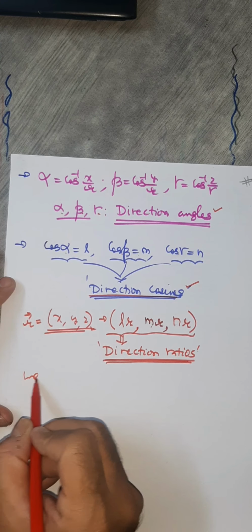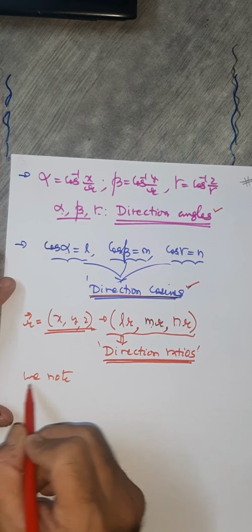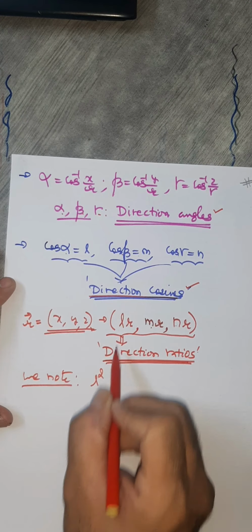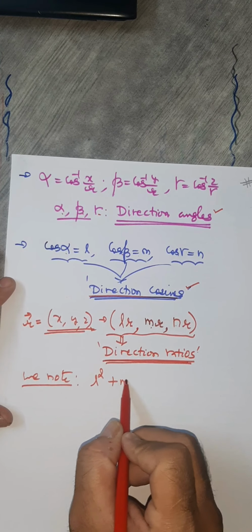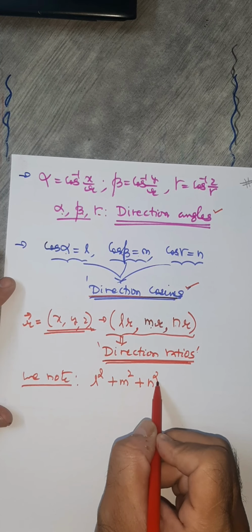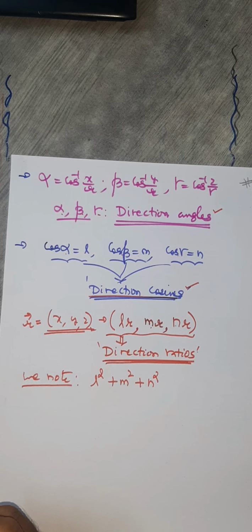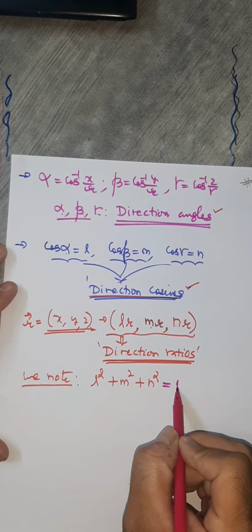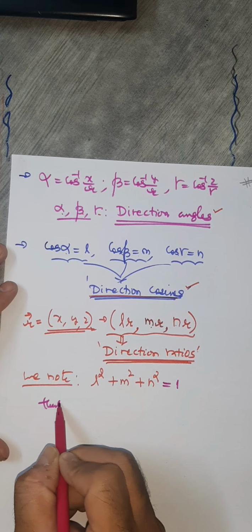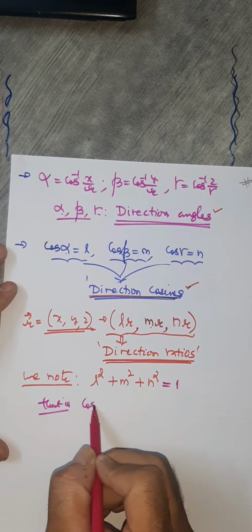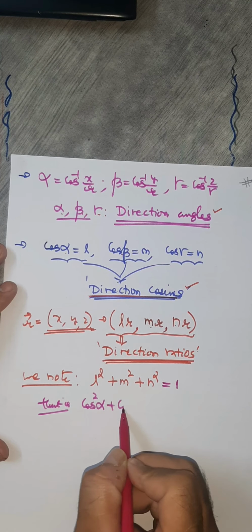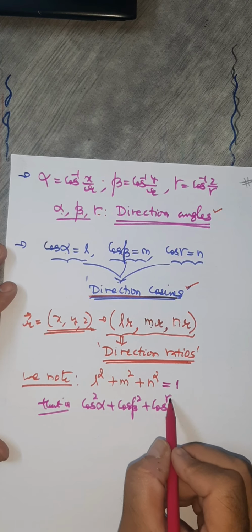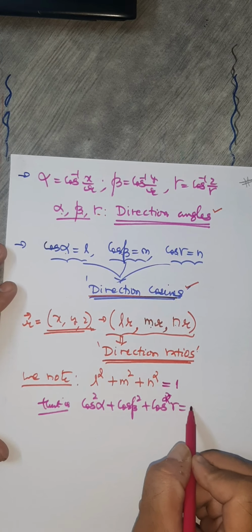Now we must note this: if I write l squared plus m squared plus n squared, then it has to be 1, remember. That is, cos square alpha plus cos square beta plus cos square gamma is always 1.